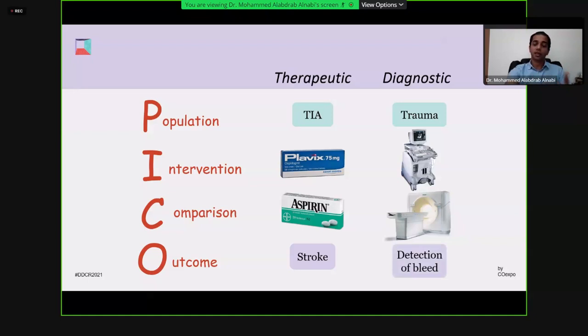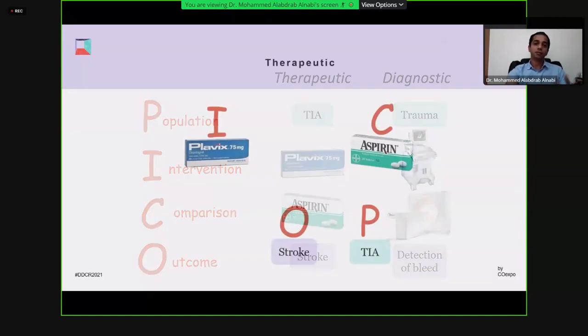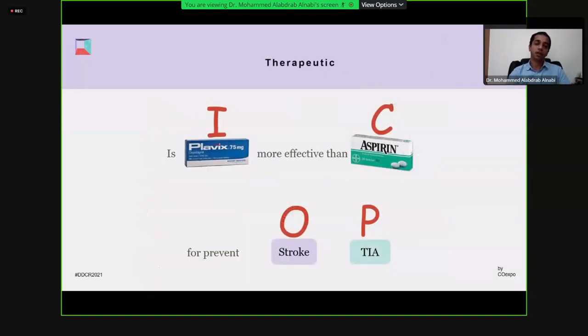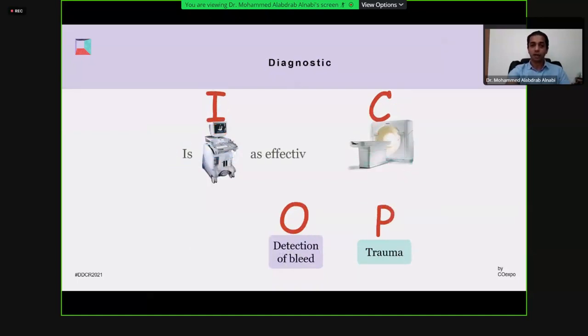That's a therapeutic question. A diagnostic question, for example: in a trauma population, polytrauma population, does the use of ultrasound compared to the use of CT scan in the abdomen detect bleeding as accurately?